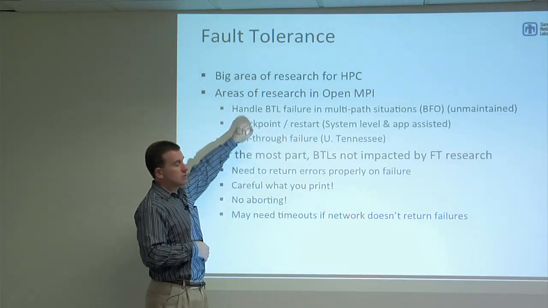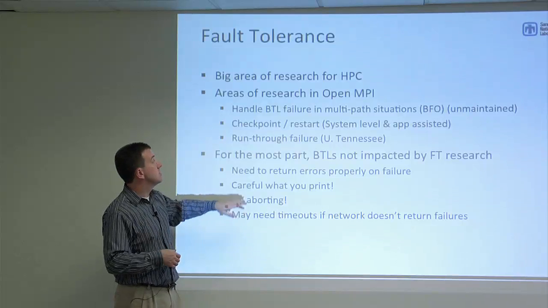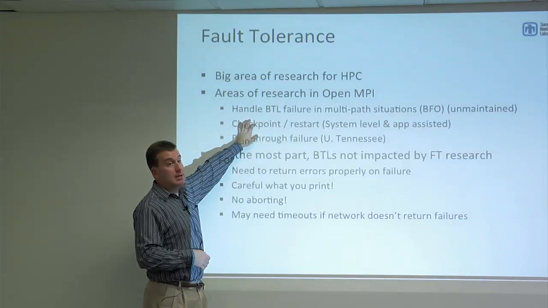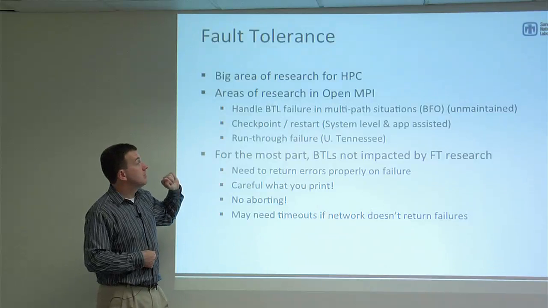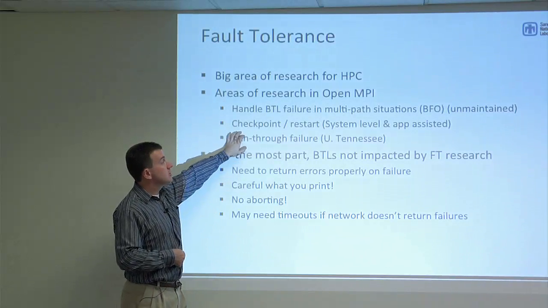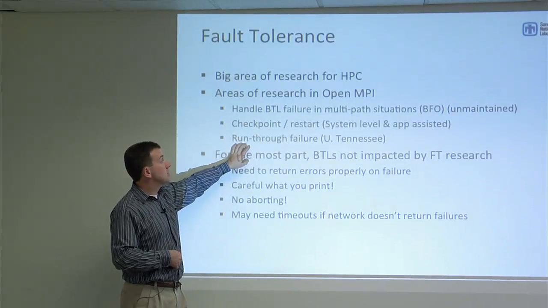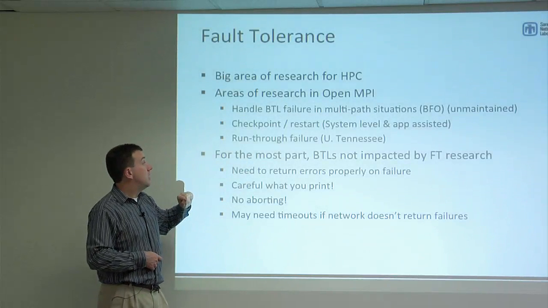And so it takes striping and reduces the amount of striping you can do across the job. That was the BFO PML. It's no longer maintained because it was written by Sun before it became Oracle. There's checkpoint restart, either system level or app assisted. There's run-through failure that University of Tennessee is working on.